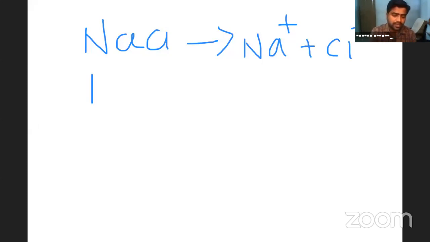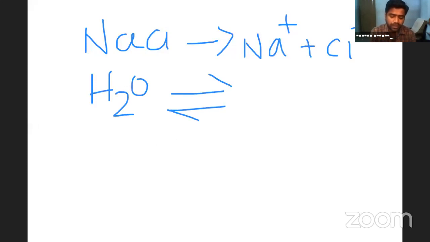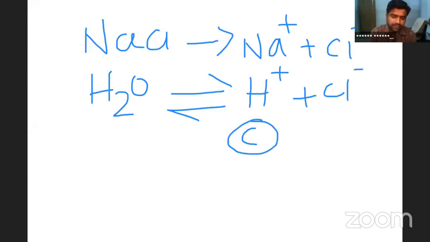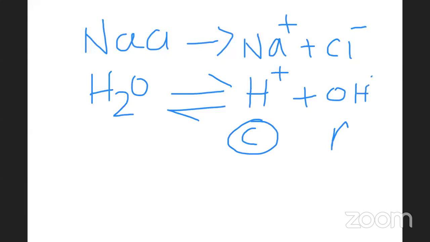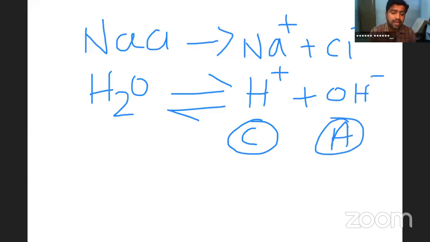Okay, similarly here for that we need the water. So how we are writing here the H plus Cl minus. It is particularly carried out in terms of the cathode, and this will get H plus. Then OH minus. It is particularly carried out in terms of the anode.